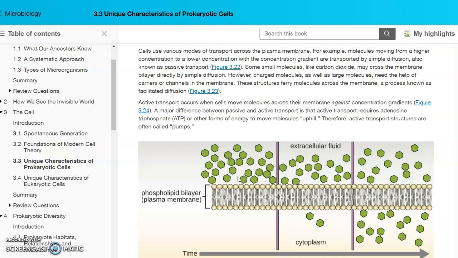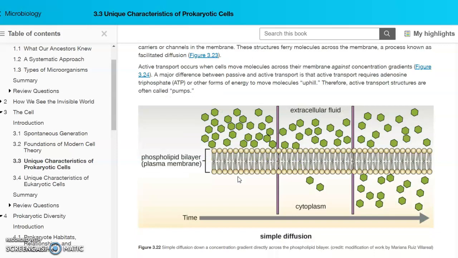We have simple diffusion, and in this figure here, this is simple diffusion. We have our phospholipid bilayer here, extracellular fluid up here, which would be what would be outside of the cell, and then our cytoplasm on the inside. And so what we'll see is that over time, we get to this equilibrium where the materials are diffusing.